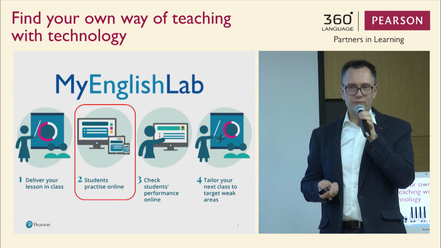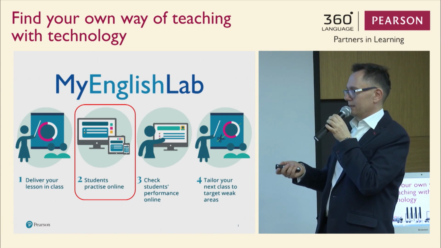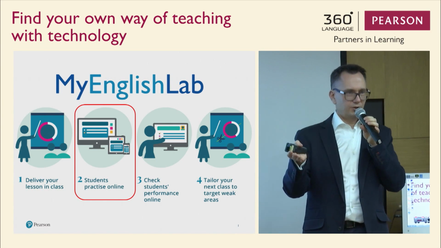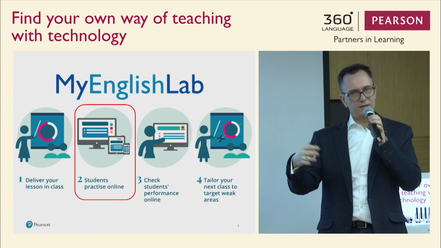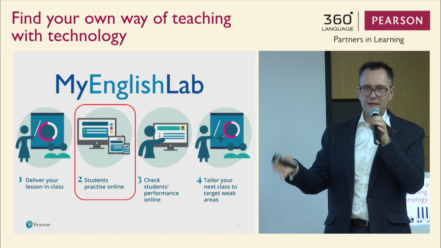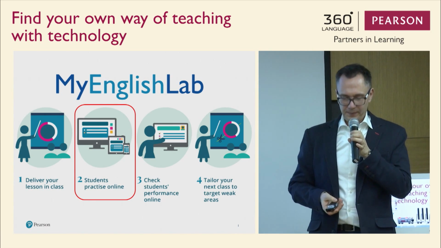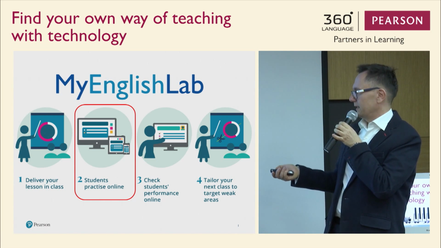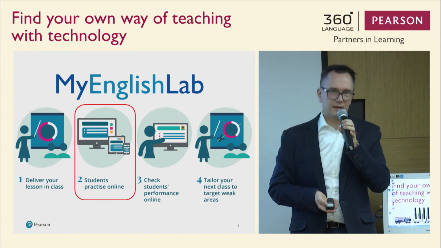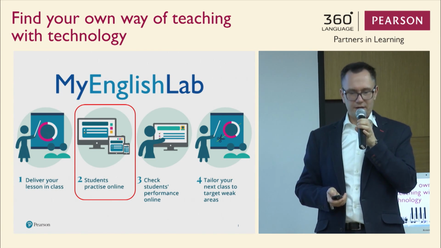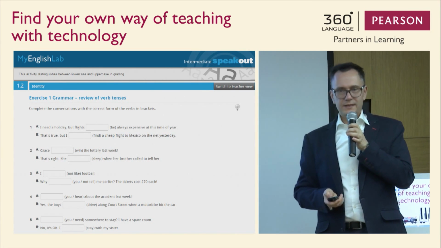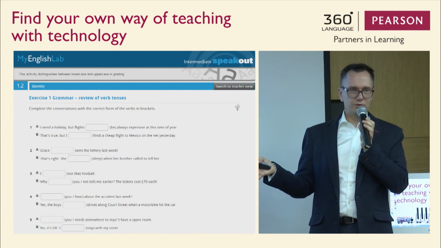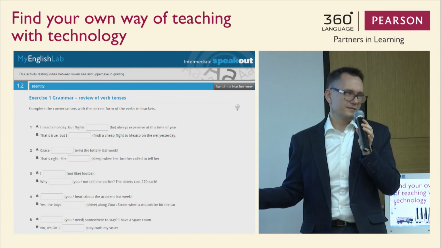They can practice their language online, and then the teacher can see what they have done, can see how well they are doing, and can tailor the next class to what is happening with the homework. So this is how it works. This is an exercise which I hope you are all familiar with, right?